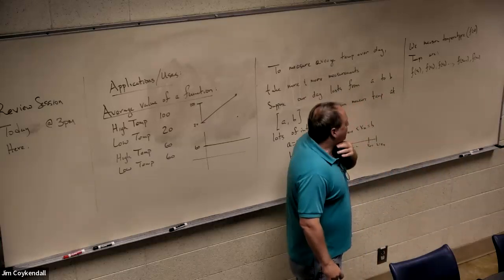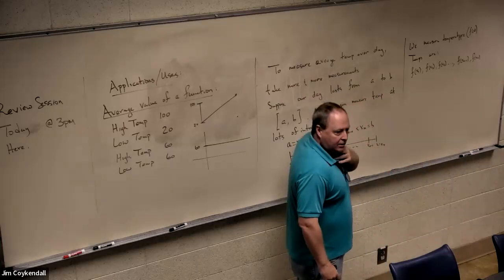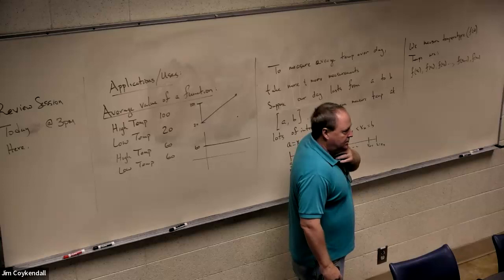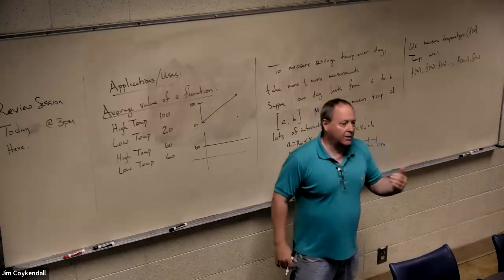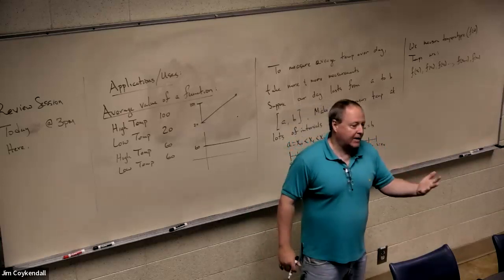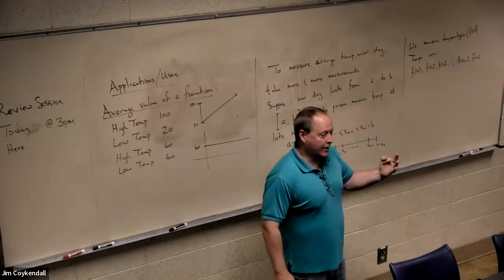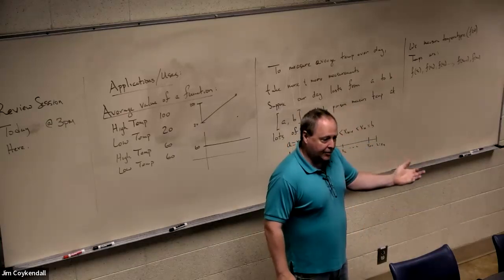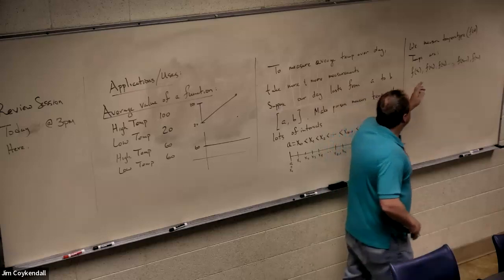Now, how would I get the average temperature given these readings? Well, when I said 20 and 100, what did you do? You took the 2 and added them up, divided by 2, right? I had 3 readings, add them up, divided by 3. Here I have n readings.